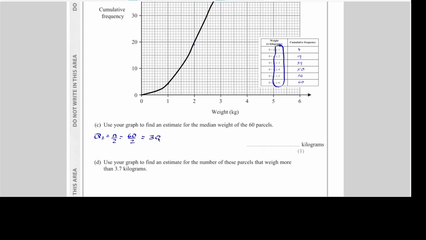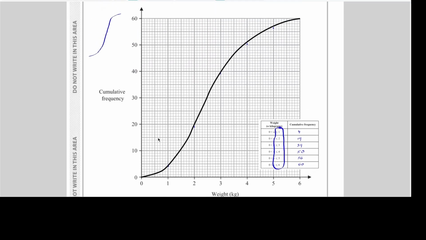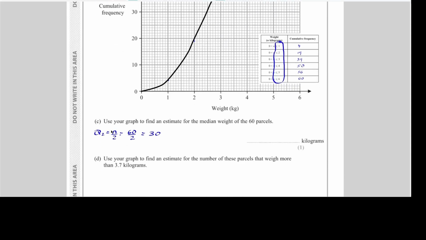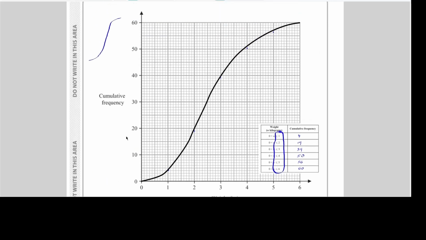Then you have to go to 30 on your cumulative frequency side, not the weight side, because the frequency is the one that we are dividing by 2. So come to the frequency side, and at 30 you need to get the line. So let's draw it from 30.